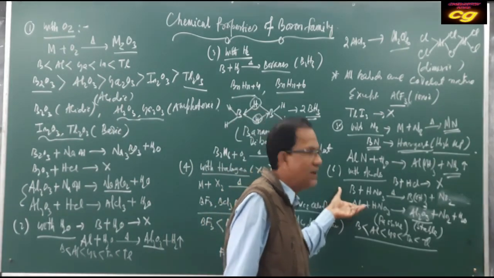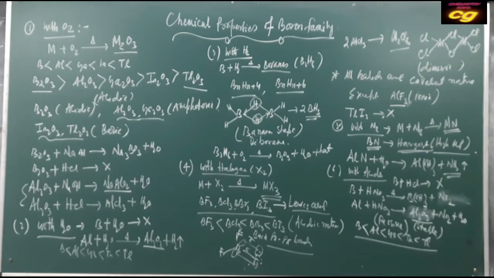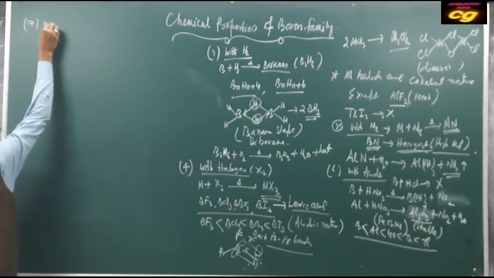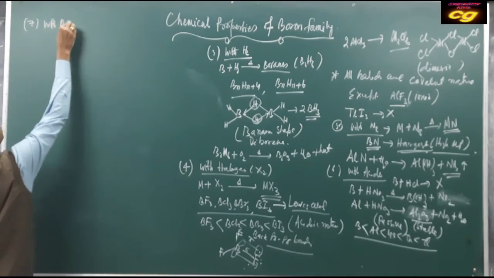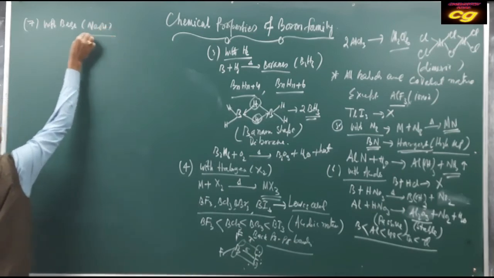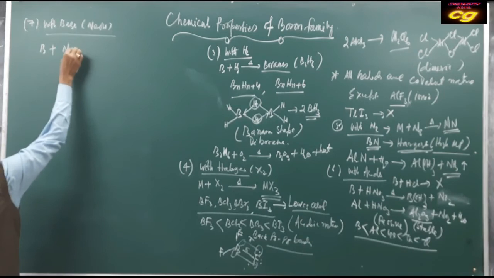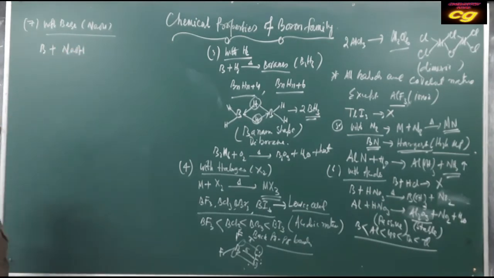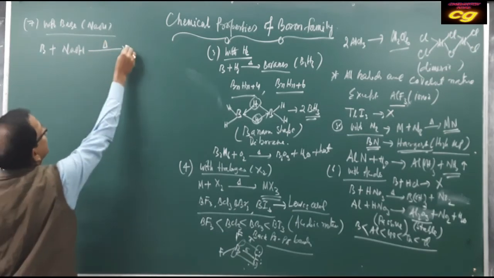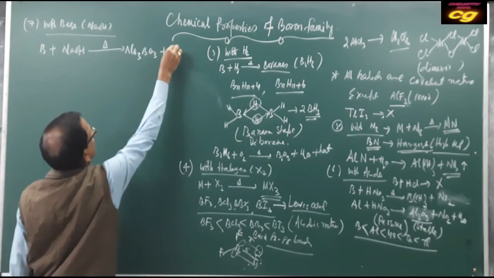The next very important thing we will discuss is the reaction with base. Boron generally does not react with base at room temperature, but on strong heating it produces sodium borate and hydrogen gas.